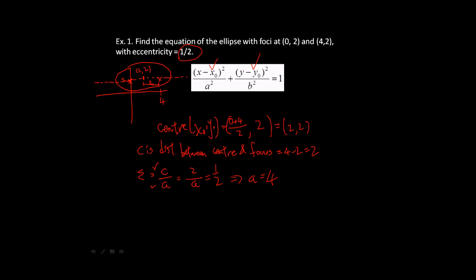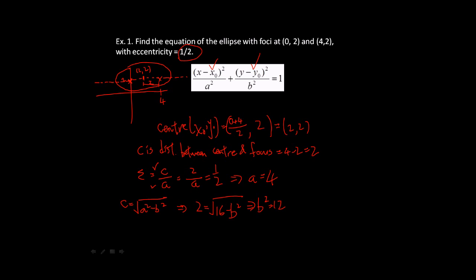So remember that the definition of C again is C equals the square root of A squared minus B squared. So which gives us C is 2, right? And equals the square root of A squared. A is 4, so it is 16, right, minus B squared. Then of course it gives us B squared equals 12, right?